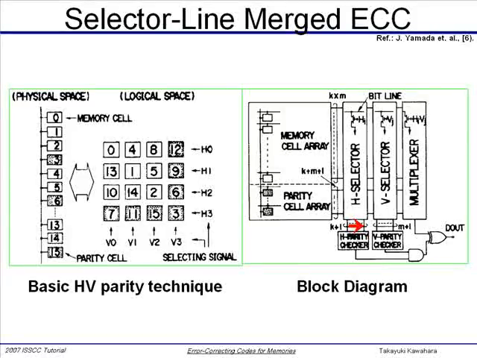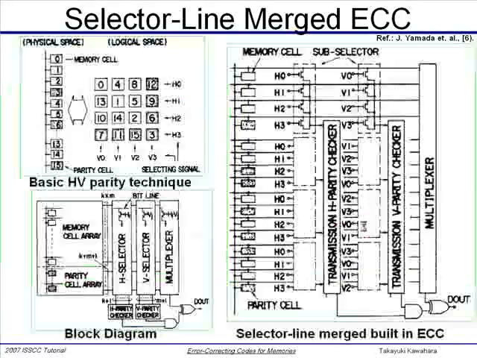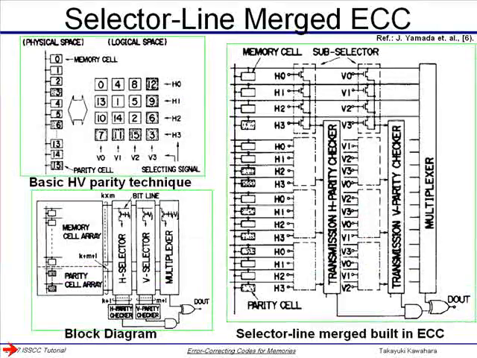So the circuit designer should consider how to make it compact, how to make it high speed. That is the role of the circuit designer in the memory. So this is the merged kind of thing. I do not explain the detail, but this is a very compact ECC system.